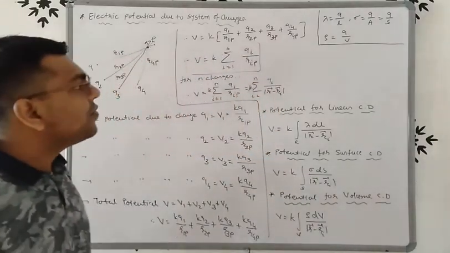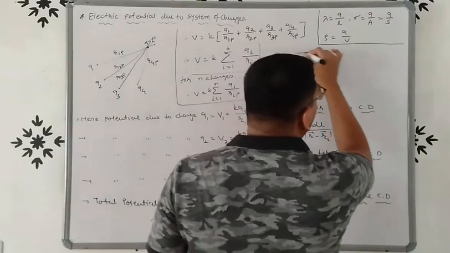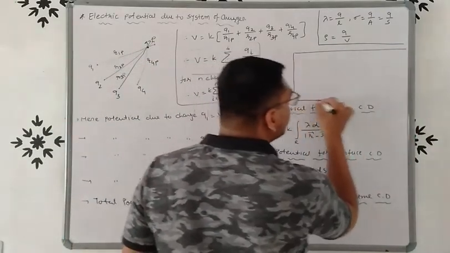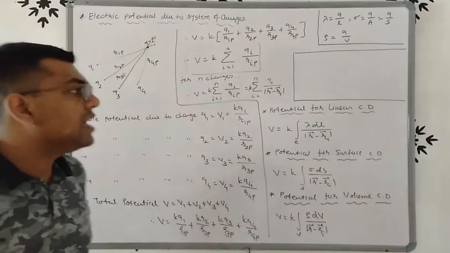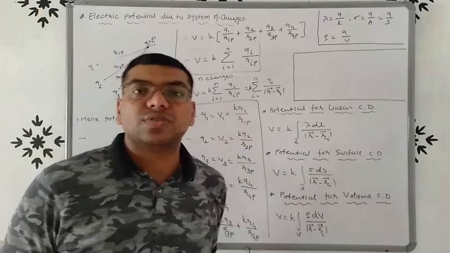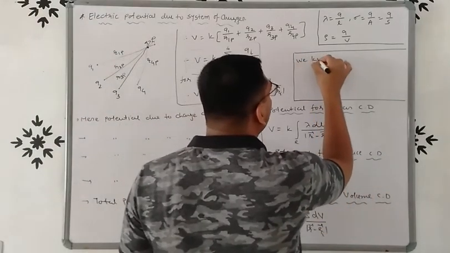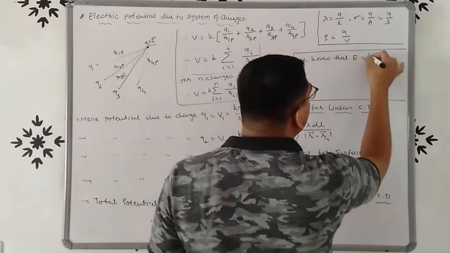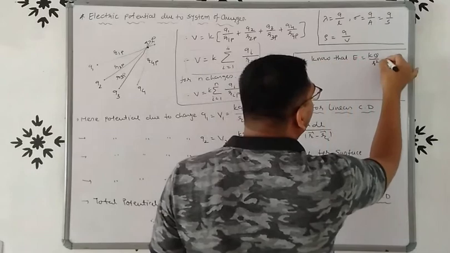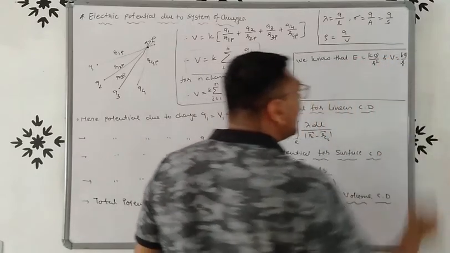Right. Now friends, in chapter number 1, we discussed electric field. So we know that electric field E is equal to kq by r square, and electric potential V is equal to kq by r.